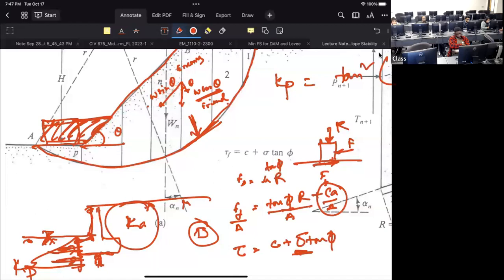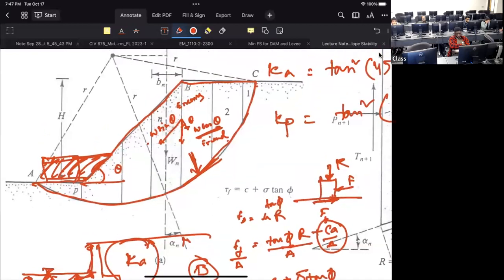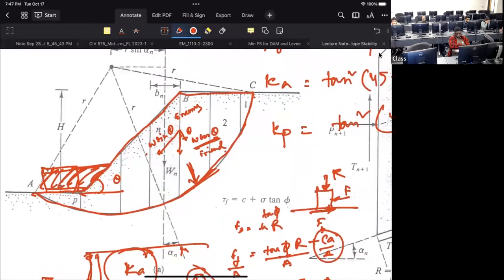But we also need to know how much force is working. So how do you know how much force is working? Let's say we take it down into smaller pieces, each slice. Each slice has its own weight, right?